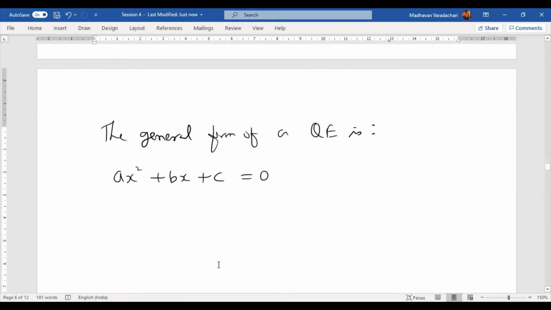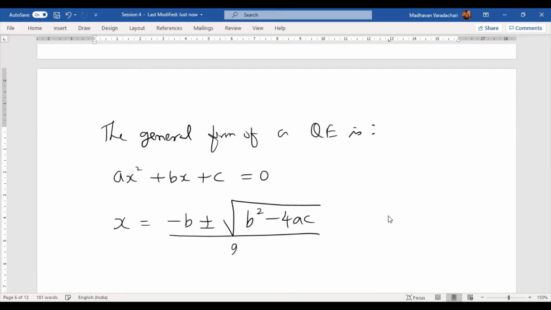And we also know, for any equation like this, the solution is x equal to minus b plus or minus square root of b square minus 4ac by 2a.